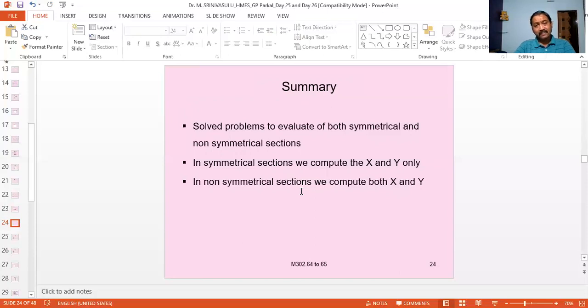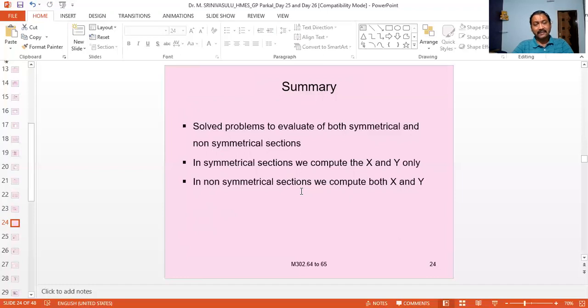Similarly, if a figure is symmetrical about the y axis, the centroid is lying on the y axis, so we have to find out the distance along the x axis.